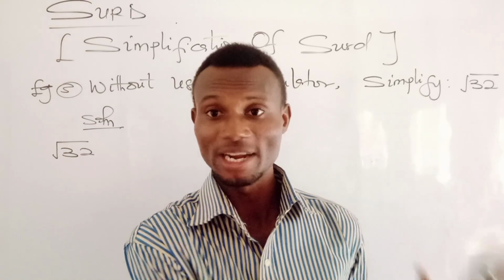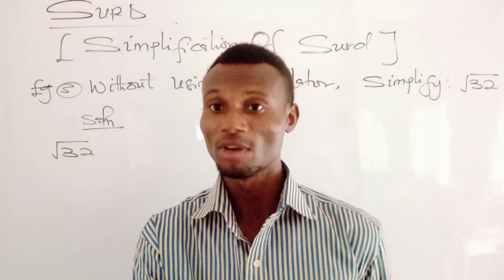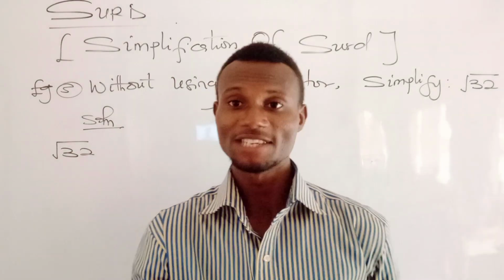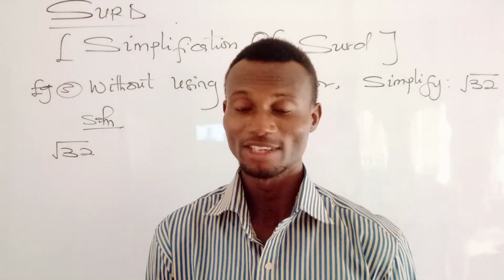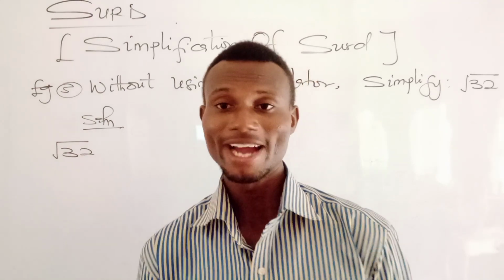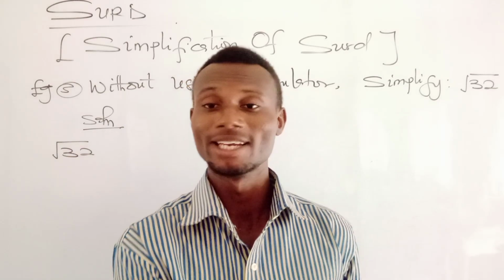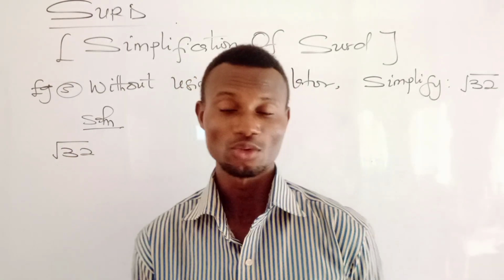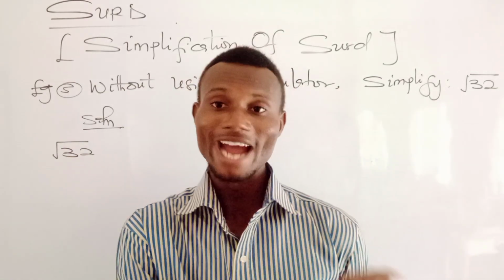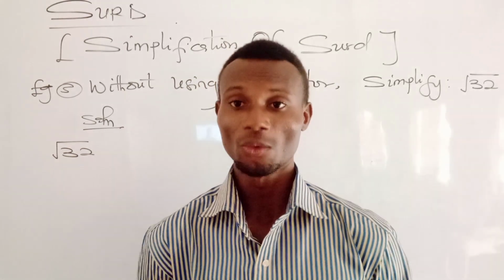So if you are learning it for the first time, I will advise you list all the two possible numbers that can multiply to give you back the 32 down, then you identify the one which has a perfect square in it. Then you know which one to use.